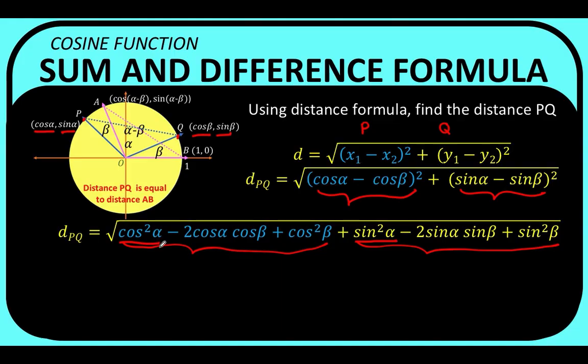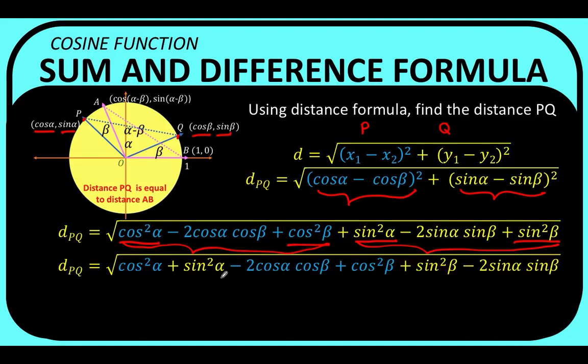And we know from trigonometric identity that cosine squared of an angle plus sine squared of the same angle is equal to 1. We also have here cosine squared beta and sine squared beta, which is also equal to 1. So let's group together all those values that are equal to 1. This part here is equal to 1, and this part here also is equal to 1.